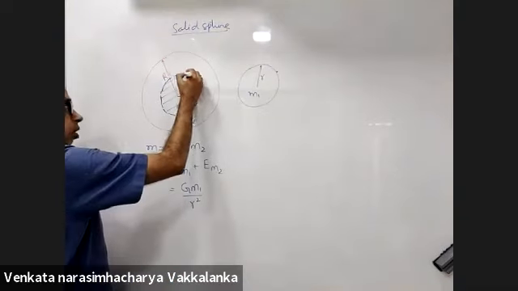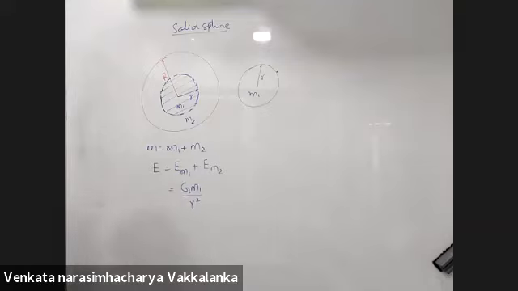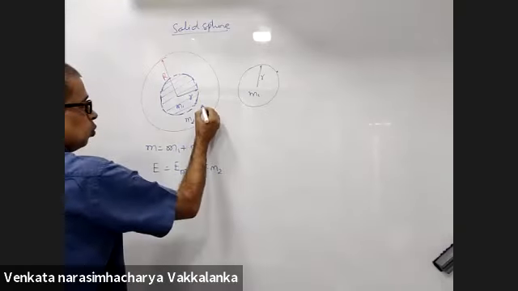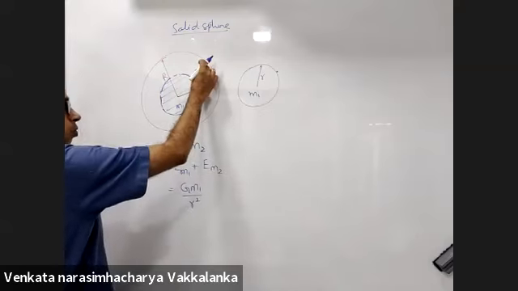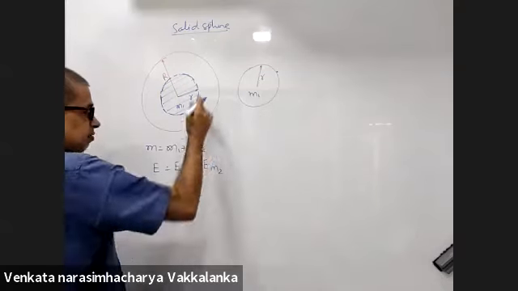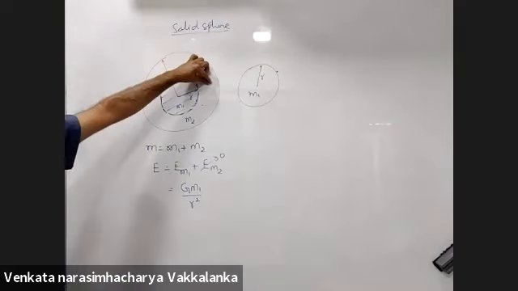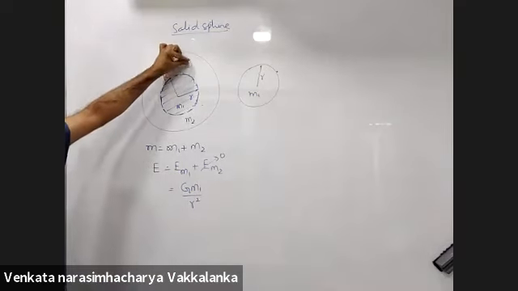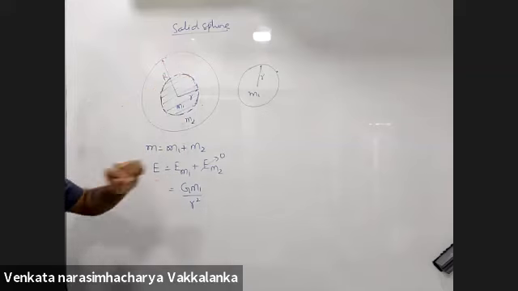Now due to m2, m2 is a shell. Field inside will be 0. Consider thin shells. Each shell will give me 0 field inside. Add up all the zeros, it comes out to be 0.